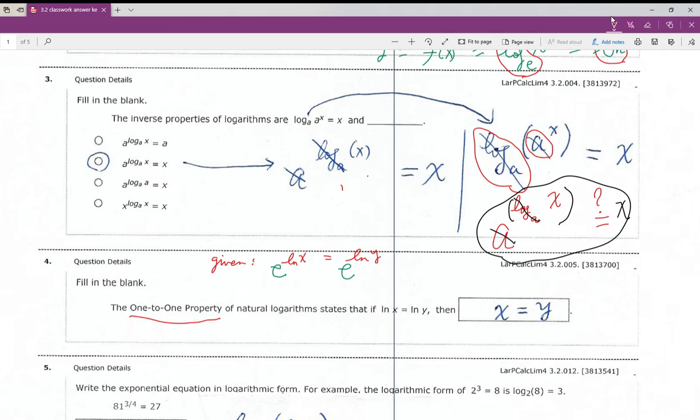So this means log base e. This one, log base e. Therefore, e to the log base e, they may cancel out to each other. So if we have e here and the e there, they may just cancel out.